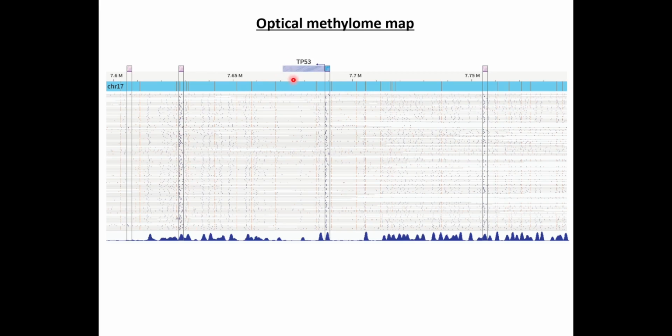This region contains a gene, TP53, and its promoter, and 3 of its enhancers. We can see that the promoter and 2 enhancers are very labeled, and that means that they are not methylated, and the third enhancer is methylated.